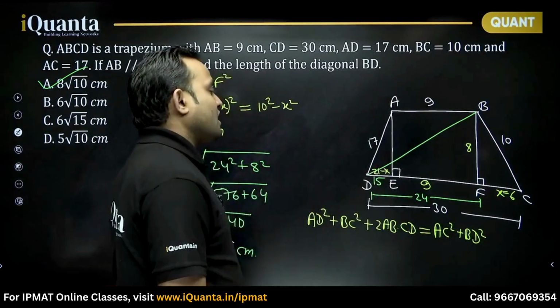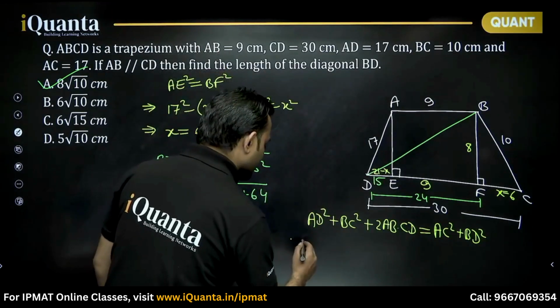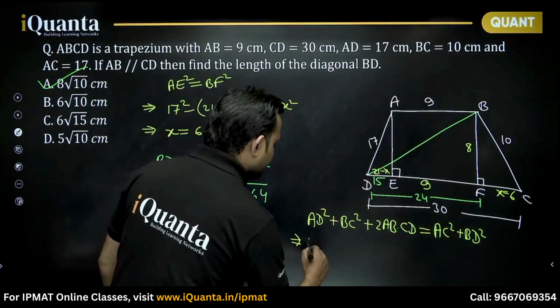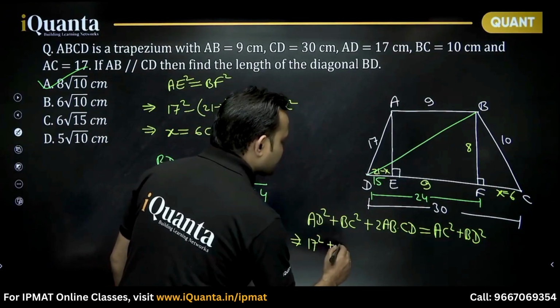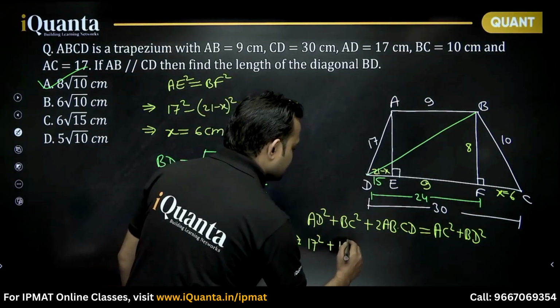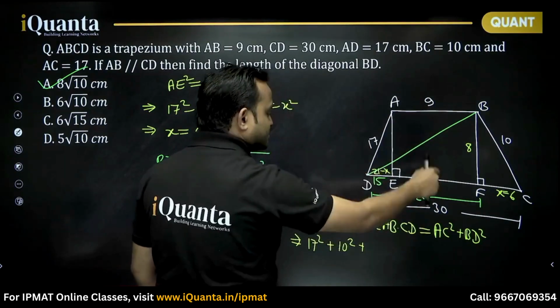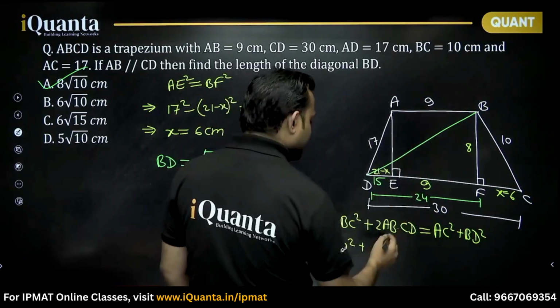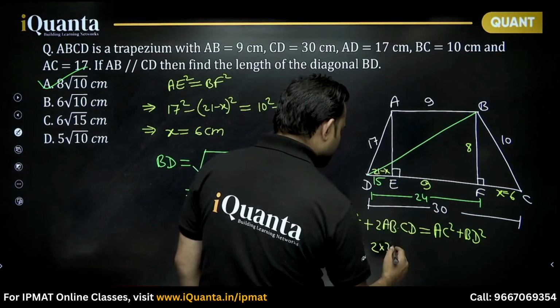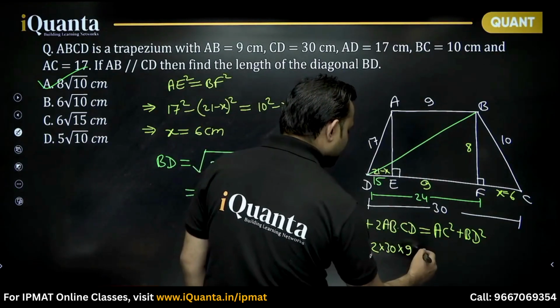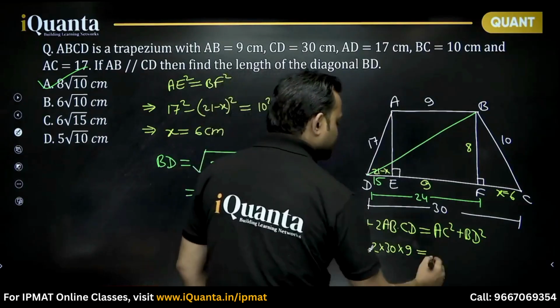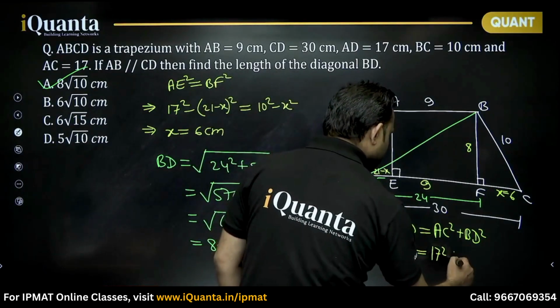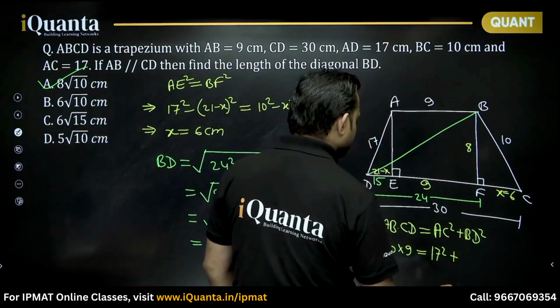Now, if you use this here, what do we get? AD is 17, so 17 square, BC is 10. AB into CD, so this will become 30 into 9 into 2. So 2 into 30 into 9 is equal to AC square, which is 17 square, plus BD square.